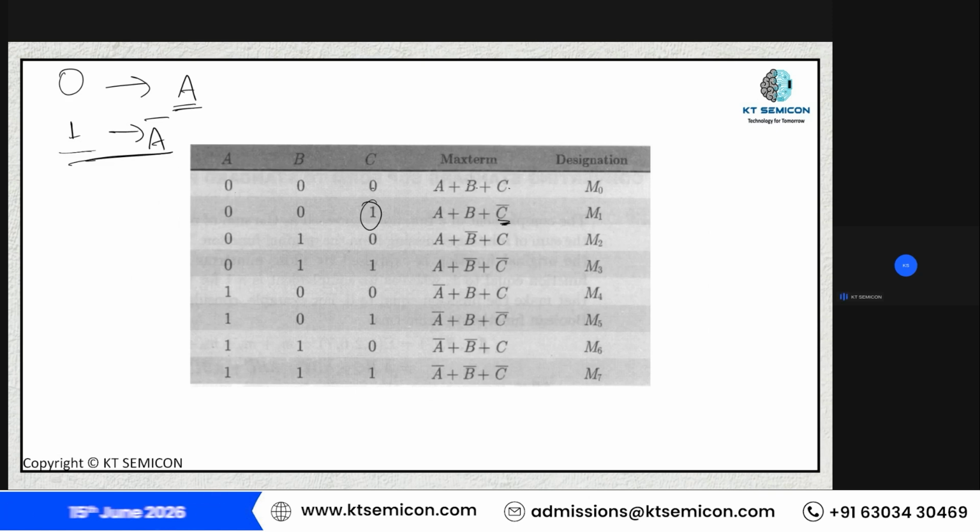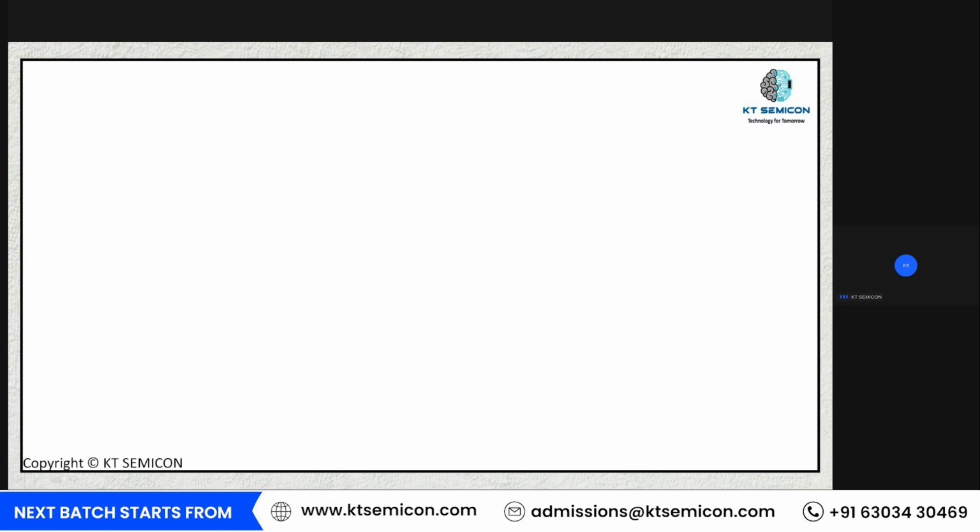So these are the variables which we have, and a + b + c is nothing but my M0. We are going to use capital M0. For 000 we have M0, then M1, M2, M3, M4, M5, M6 and M7. These are nothing but my standard POS form of representations. And we can also use the pi notation.